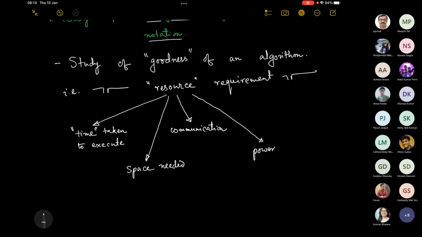Sir, can't power be linked to the amount of processing it does? No, not processing time, because different operations can take different time. For example, if I tell you to do this addition, on the other hand if I tell you to take a square root of this thing, it is clear to all of us that taking a square root is a much more difficult task than adding two numbers.